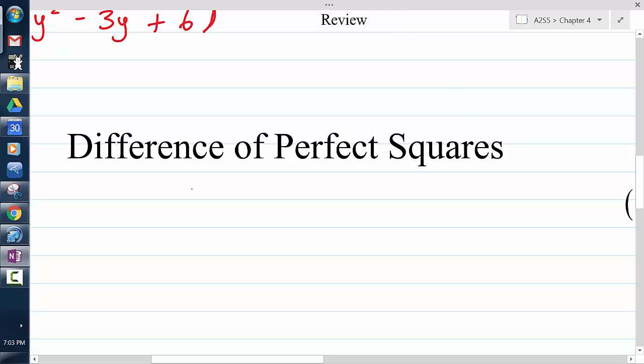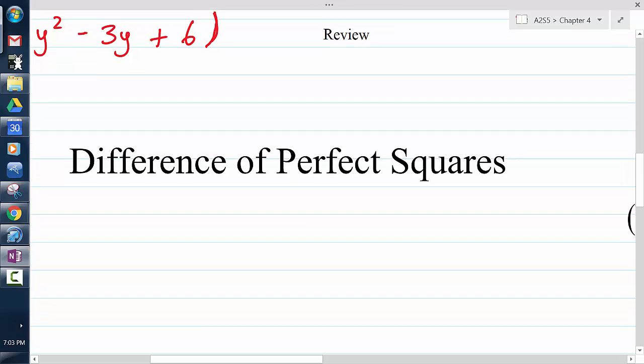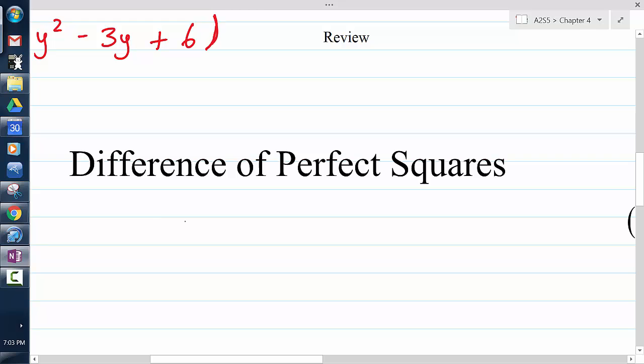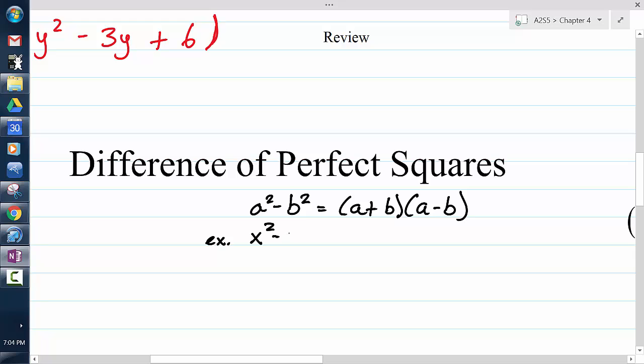Now, typically what you remember is that a squared minus b squared just equals a plus b, a minus b. And a and b are just numbers, right? So if I put this in terms that we understand, an example that we have here is x squared minus 4.